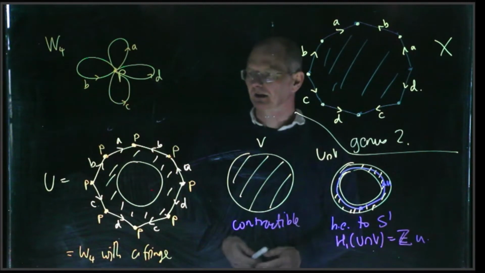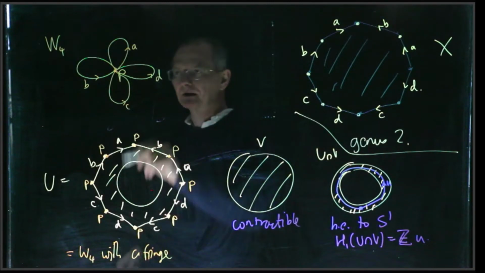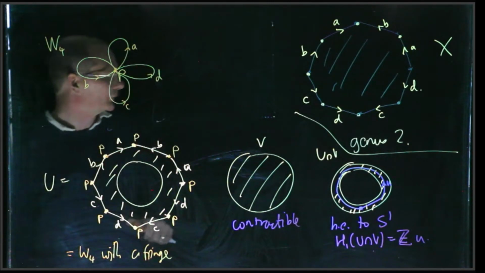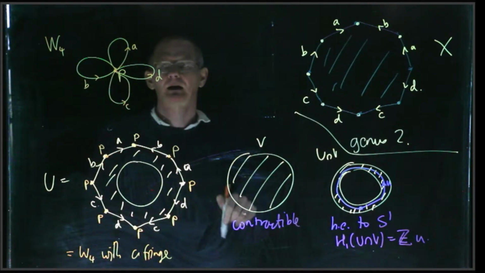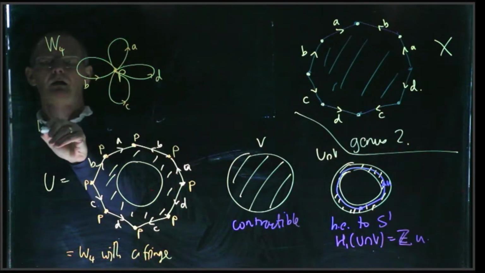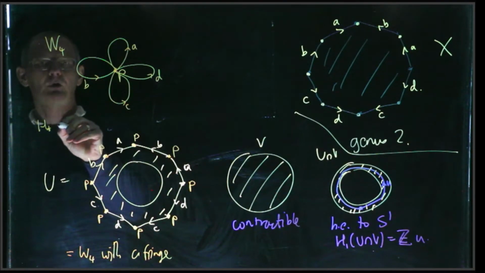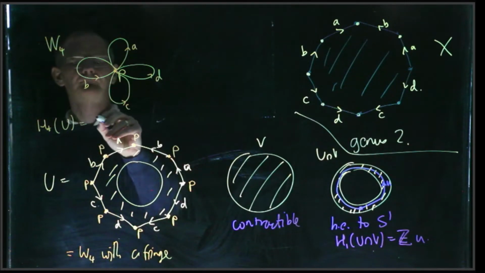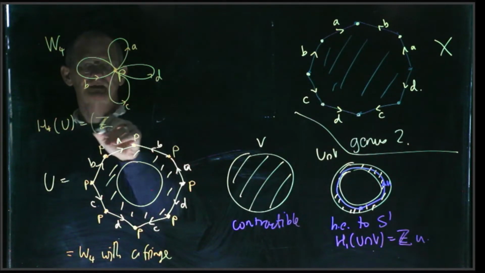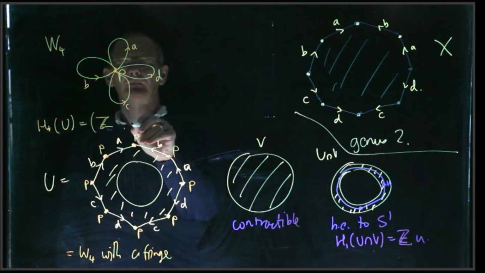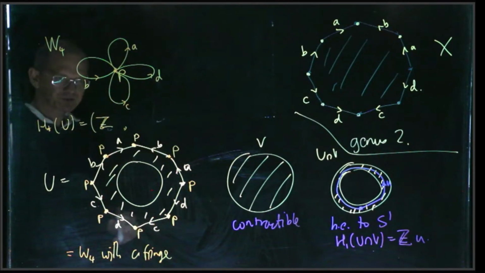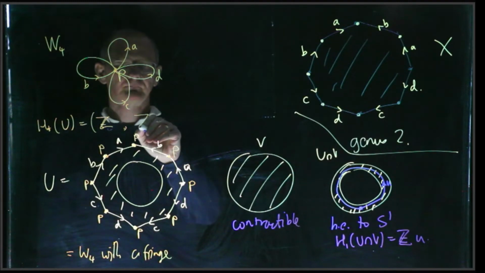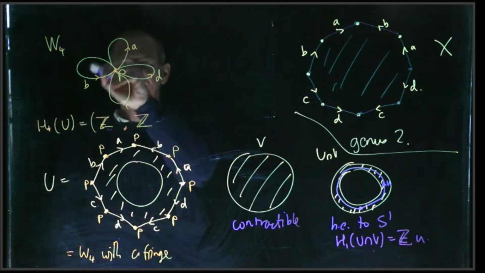That gives you a homotopy showing that the inclusion of the W4 in your U is a homotopy equivalence. So we find that the homology of U is the same as the homology of this W4. In degree 0, you've got Z. In degree 1, you've got one Z for each of these loops.